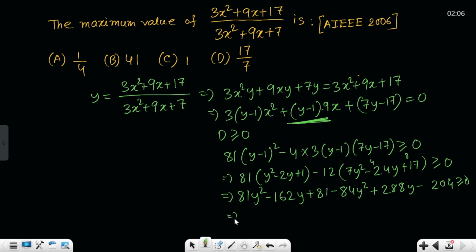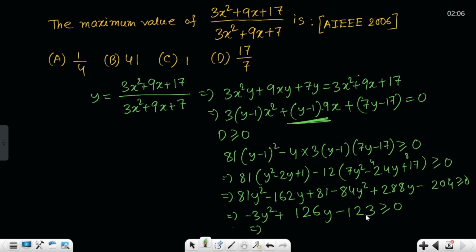So we will get minus 3y square plus 126y minus 123, I hope it is right. Let me check clearly. Okay, right. No problem. This is greater than or equal to 0.